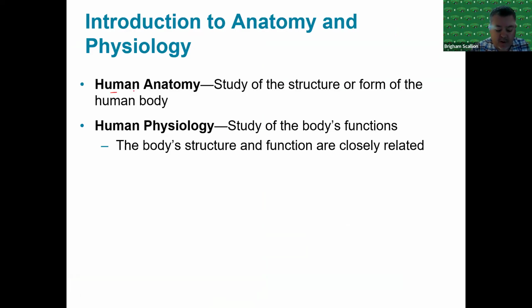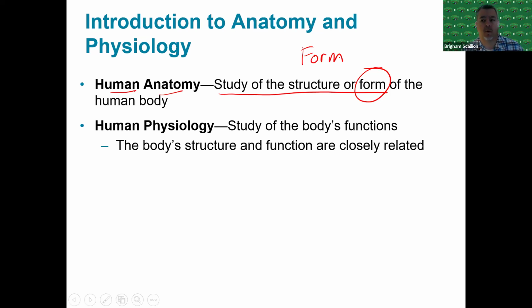Anatomy, or human anatomy, is the study of structure or form. I like to say structure or form of the human body. Human physiology, or physiology, is the study of function.